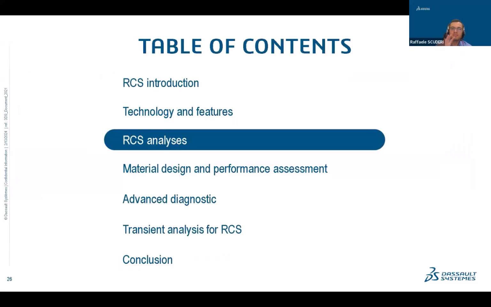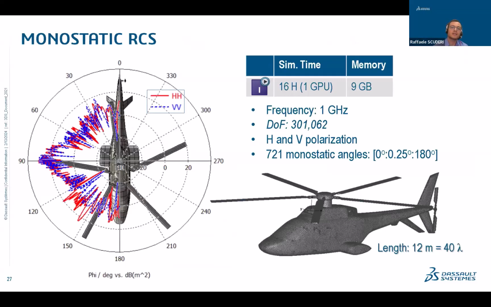And after this brief description of the CST Studio Suite technical offers, let's now deep dive a little bit more on the radar signature prediction and all the typical problems a scattering expert has to deal with. Here I just want to give you an overview of different analyses that you can run with CST, how you can do it.